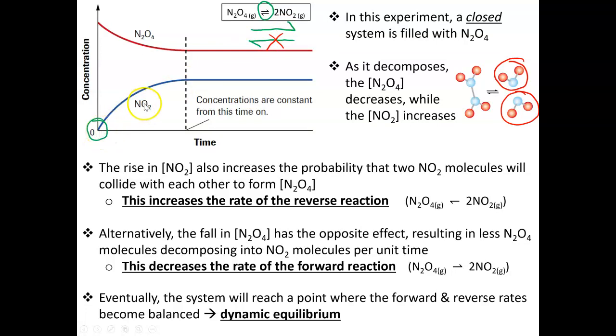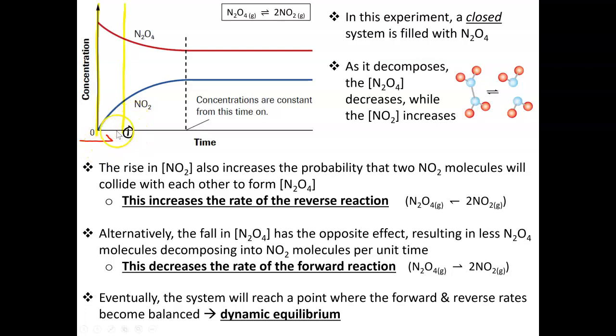Without any NO2, how can they recombine to produce N2O4? As such, only the forward reaction is possible, where the N2O4 will decompose to break up into these two NO2 molecules. So once again, at the beginning of this experiment, only the forward reaction is possible, the reverse is not.